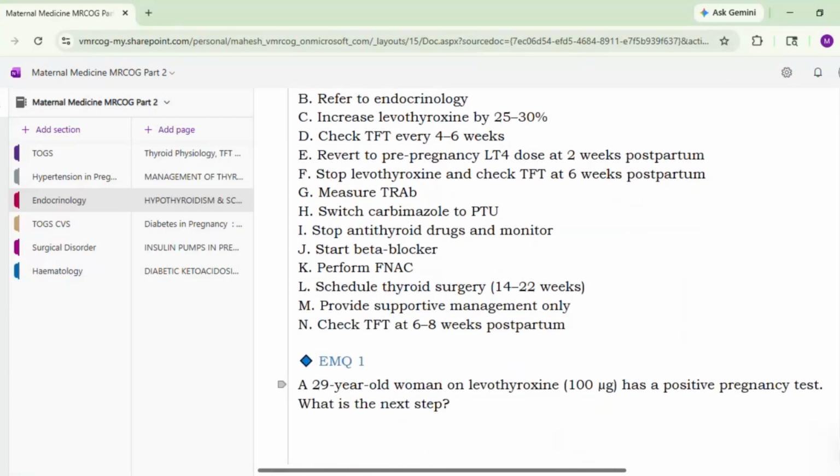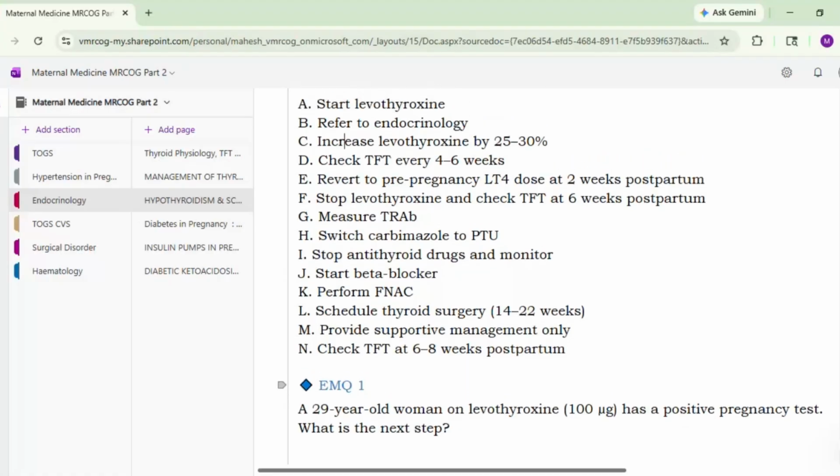A 29-year-old woman on levothyroxine 100 microgram has a positive pregnancy test. What is the next step? She's already on thyroxine, the dose is 100 microgram. So it is C, to increase levothyroxine by 25 to 30%.